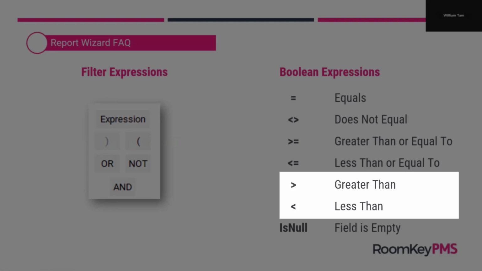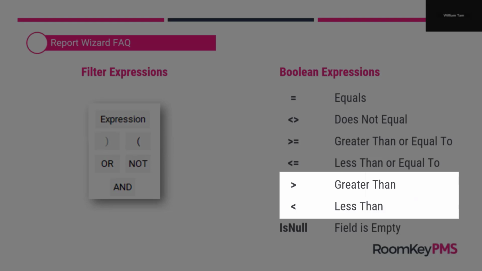So if I wanted to see data from October 1st, but not include the first, so that means it'll be from the second onward, you would use greater than.